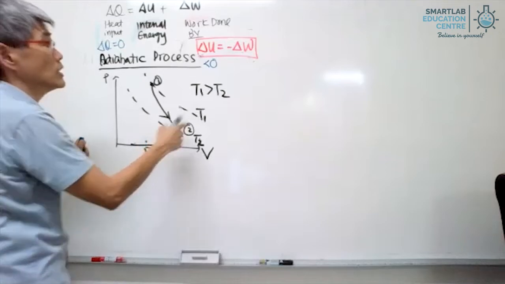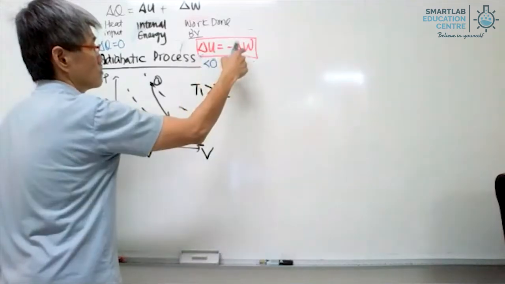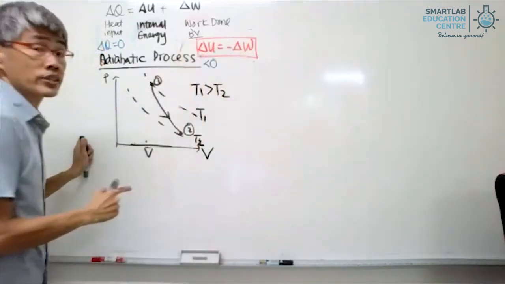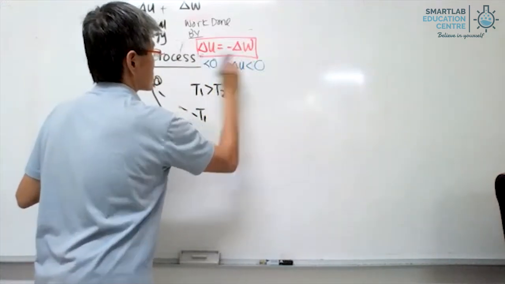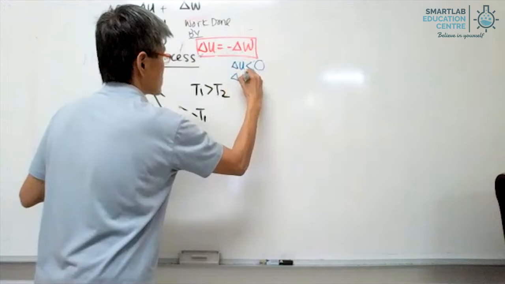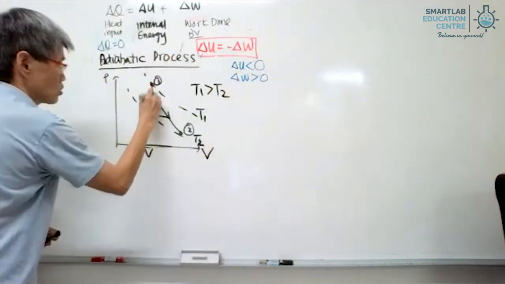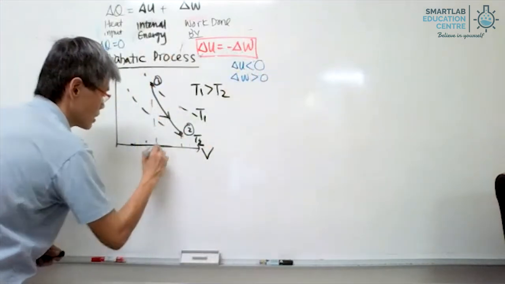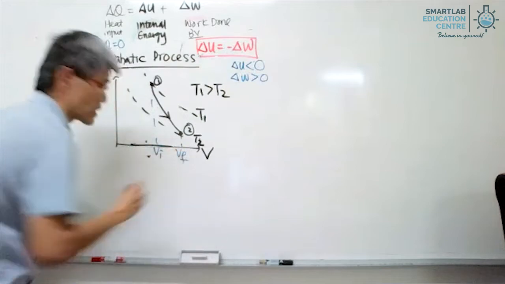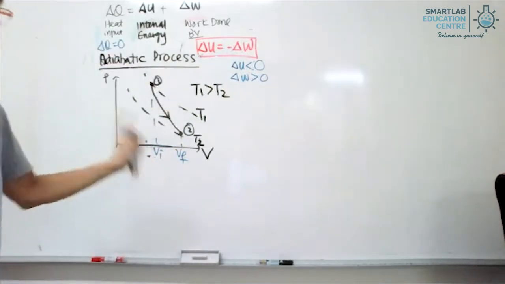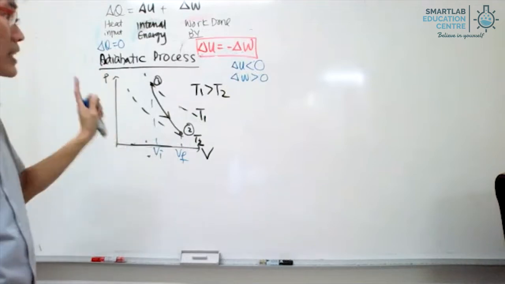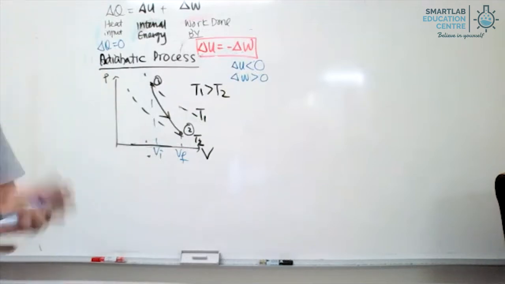T2 is of a lower temperature, which means that as far as change in W is concerned, if your change in U is less than 0, from this expression we can say change in W is more than 0. So you can clearly see that in this case, your volume still expands. This is called an adiabatic expansion. So in adiabatic expansion, the temperature of the gas drops.